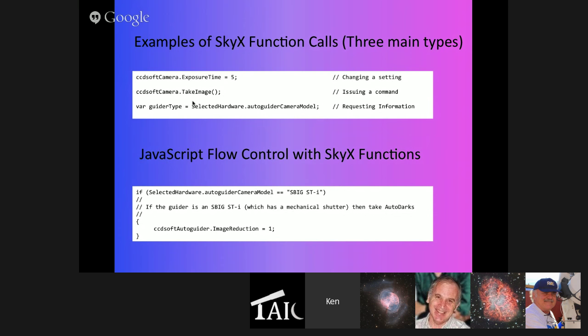So I could build a loop in here, and it basically says, all right, if it reports back that there's an STI connected to the auto guider, then I want you to set image reduction to 1, which is the command in SkyX for using an auto dark. So it'll go ahead and take an exposure with the shutter down, and then it'll take the real exposure for you. And then if you don't have that, it doesn't do that. So you don't have to go put your hat in front of the telescope if you're using something without a mechanical shutter.